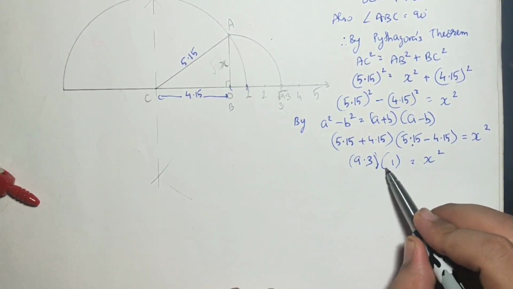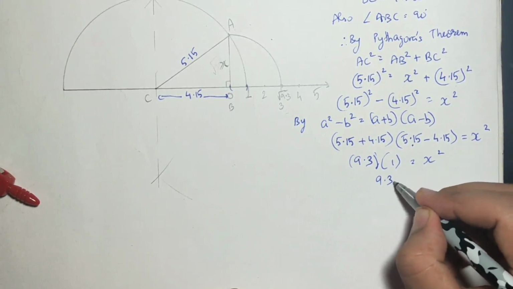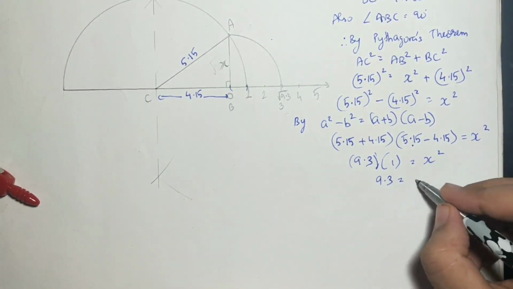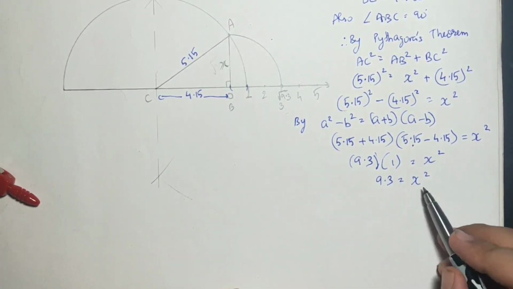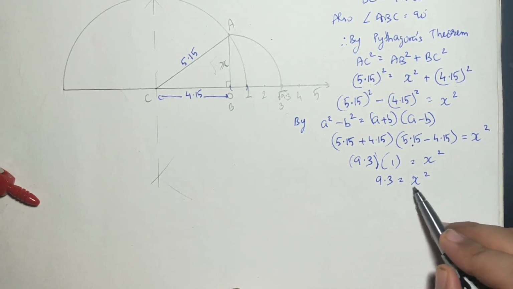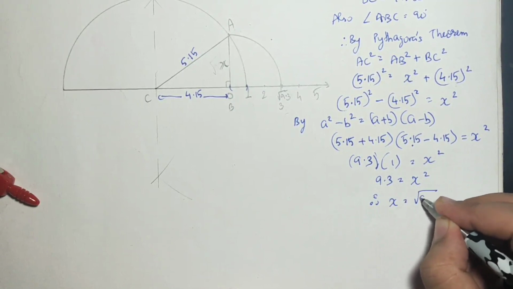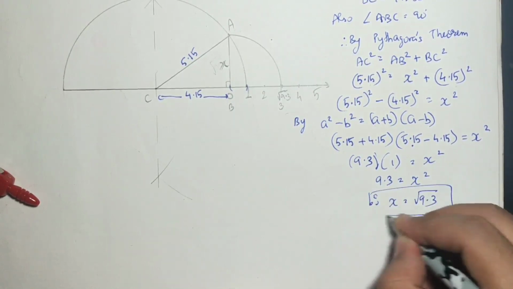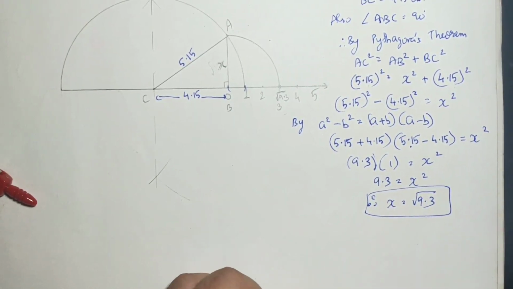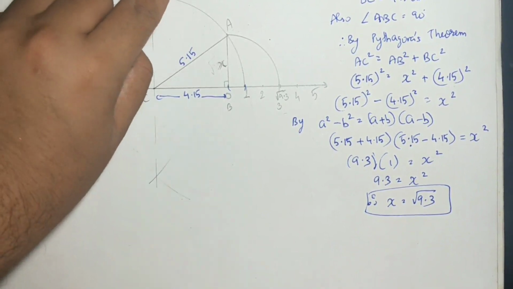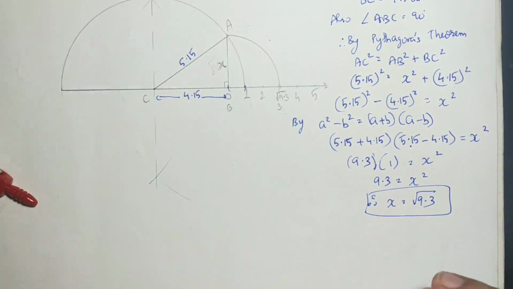This is 9.3 into 1. So what is 9.3 into 1? It is always equal to 9.3. That is equal to x square. If I want to find x, I have to take square root on both sides. Therefore, x will be equal to root 9.3.